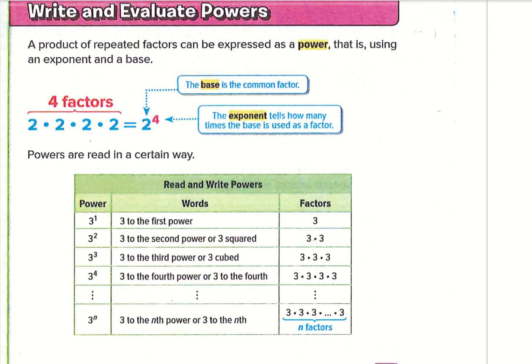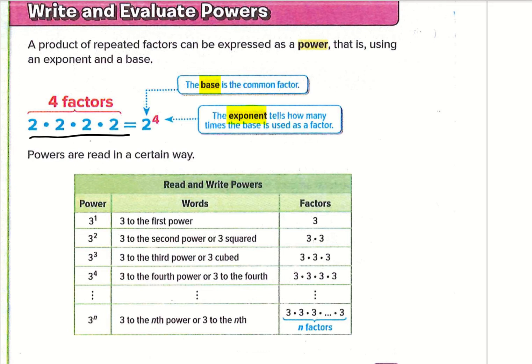The two parts of that are the base, which is the big number that we're multiplying multiple times. In this case, it would be 2. We're multiplying that 4 times. And the exponent is what tells you how many times we are multiplying the base by itself.